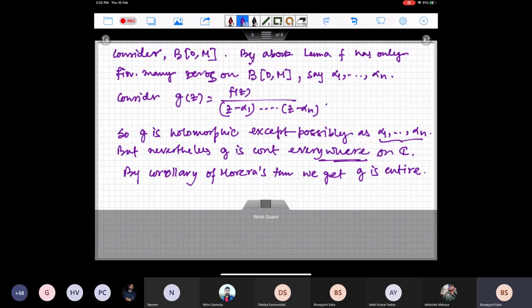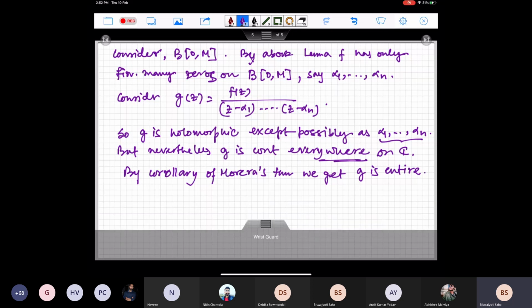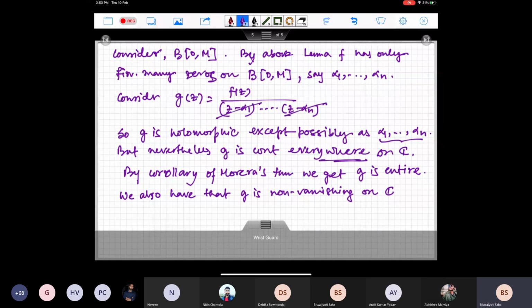Now what can I say about g? I have cancelled all the zeros of f, right? So we also have that g is non-vanishing on the complement of the ball B0M, anyway, since I had eliminated these zeros from f.